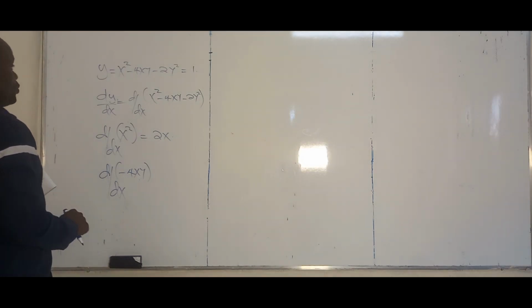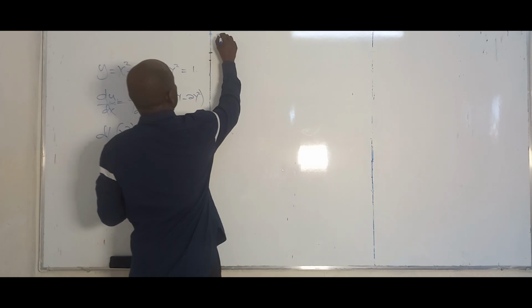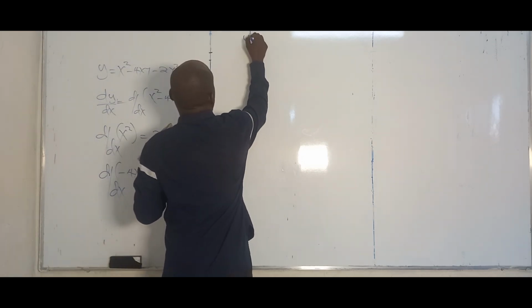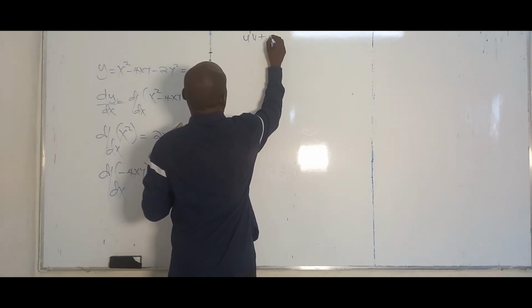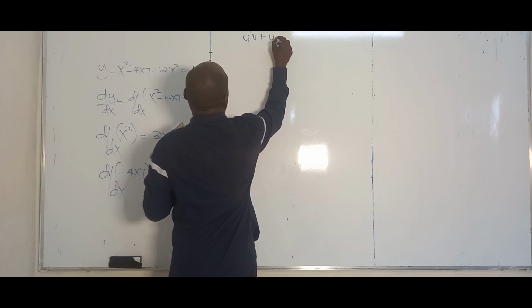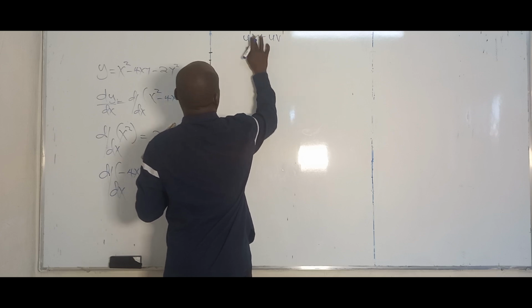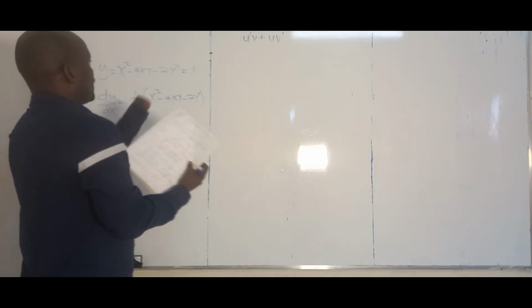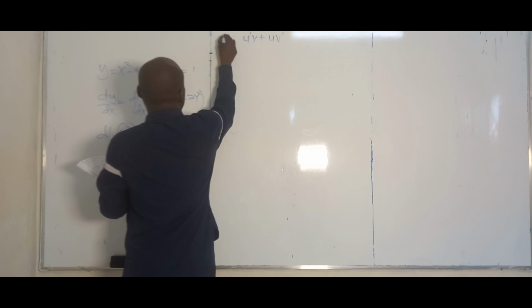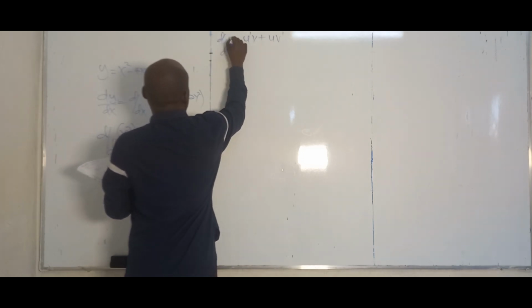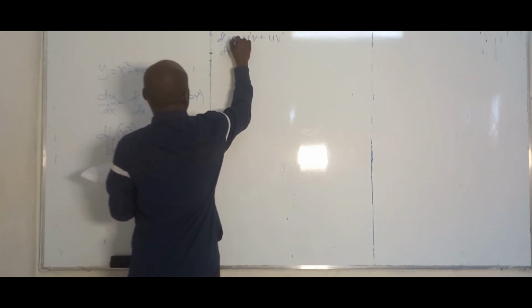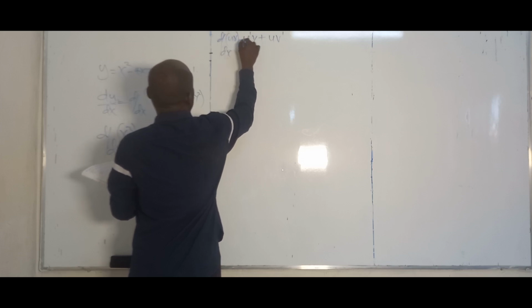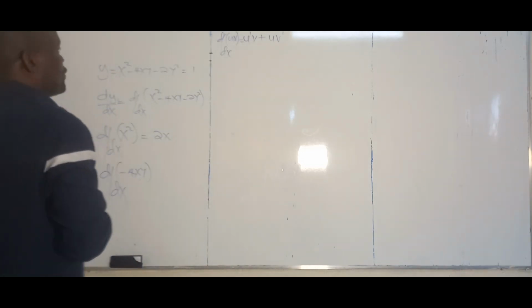The product rule simply tells us that d/dx of uv is u prime v plus u v prime.